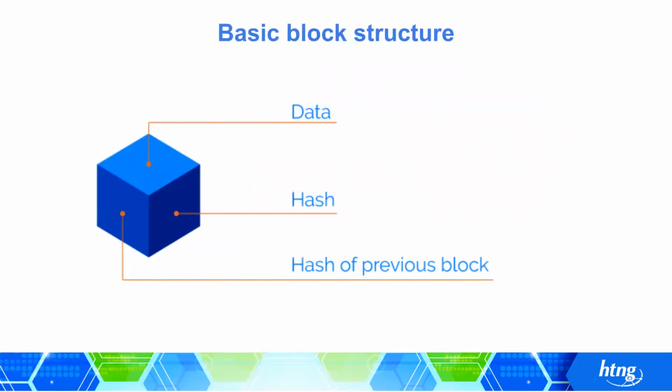So, the basic block structure. As you can see, we have data, hash, and the hash of the previous block. A block contains a digital signature, timestamp, and other information. We will touch on it on other slides. The data part contains and represents transaction information.